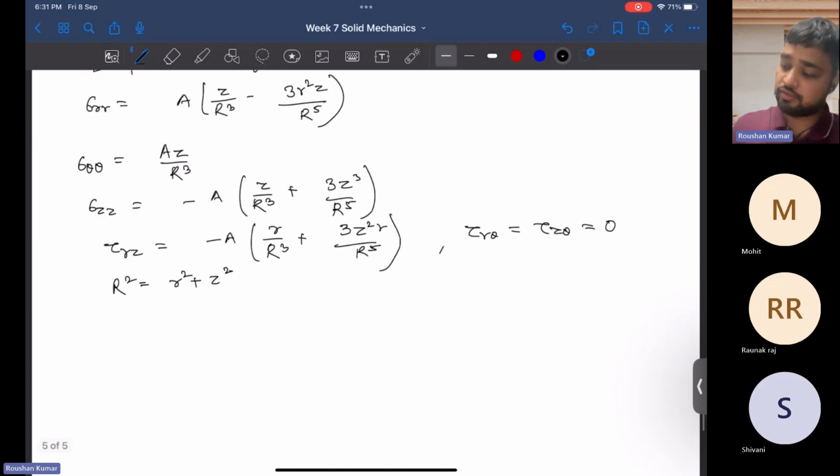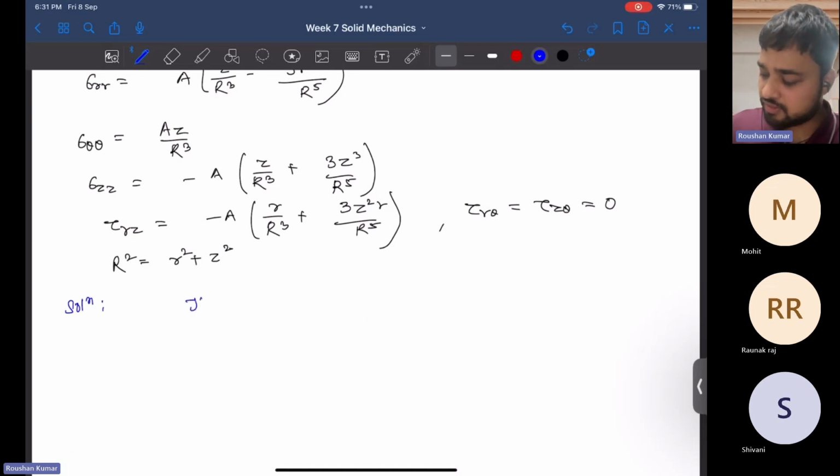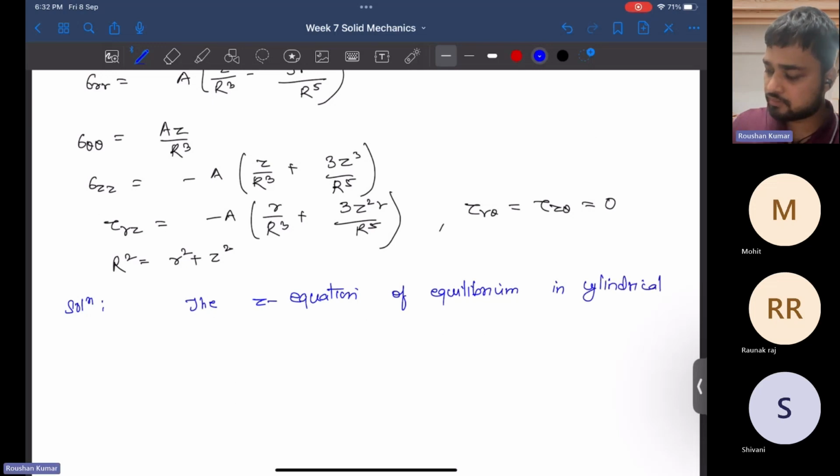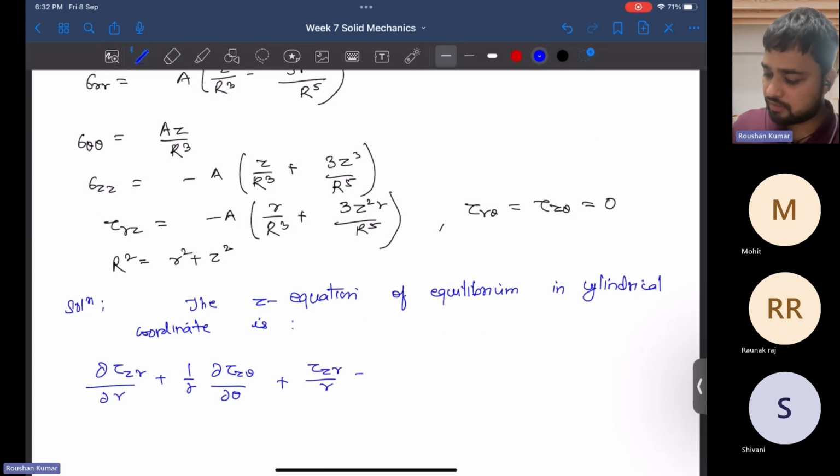The Z equation of equilibrium in cylindrical coordinates is given by, so I am just solving this question, del tau zr upon del r plus 1 by r del tau z theta upon del theta plus tau zr upon r plus del sigma zz upon del z plus rho b z equal to 0. There is no body force, so it ultimately is 0.